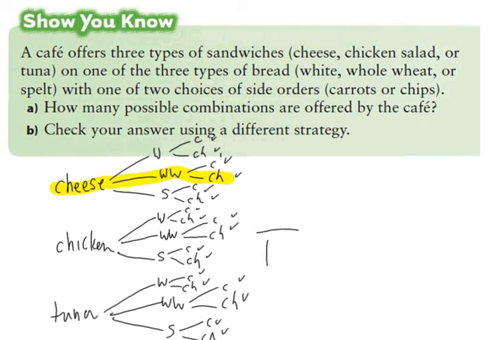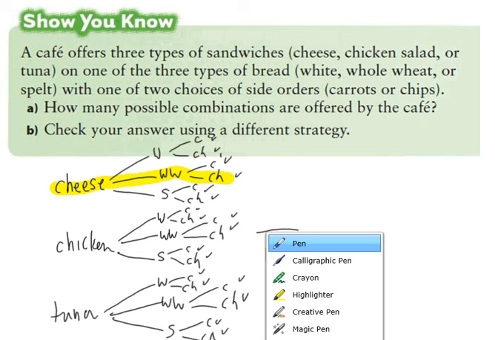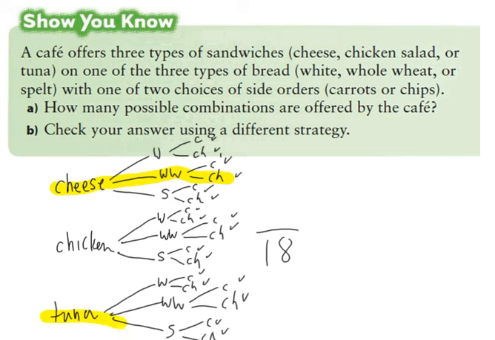There are 18 different combinations. Specifically cheese, whole wheat, chips, or if I took my highlighter again, you could have a tuna on spelt with carrots. That's another combination, but there are 18 total possible combinations.